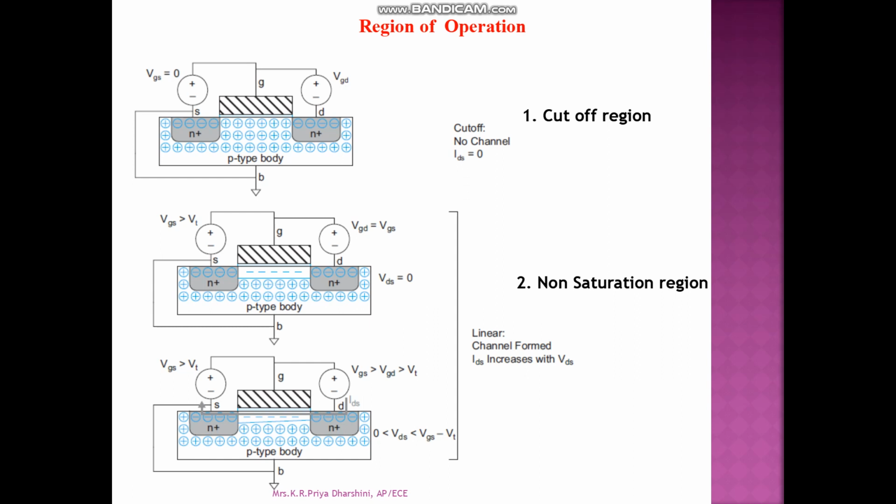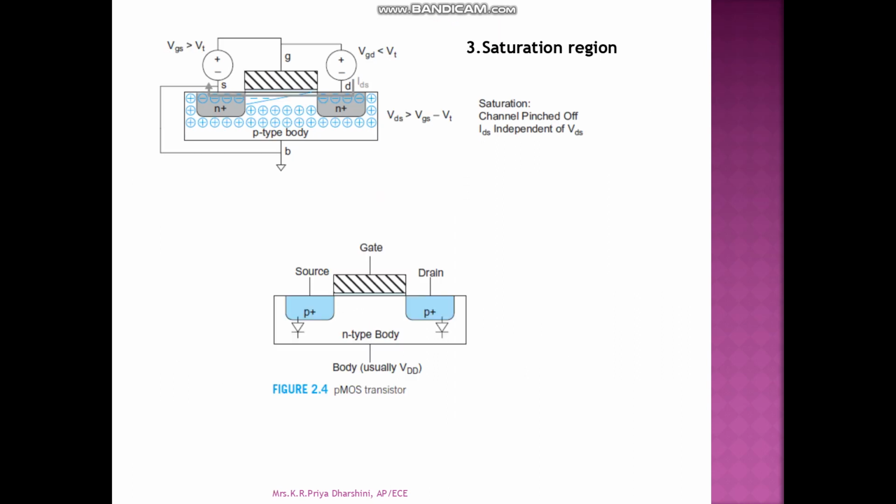When the condition is VGS greater than VT, that is, the gate to source voltage is greater than VT, and the gate to drain voltage is equal to the gate to source voltage, a channel is formed between both of the n wells with negatively charged particles. In this region the drain to source current increases with VDS, which is called the non-saturation region. In the saturation region, the gate to source voltage is greater than VT and the gate to drain voltage is less than the threshold voltage.